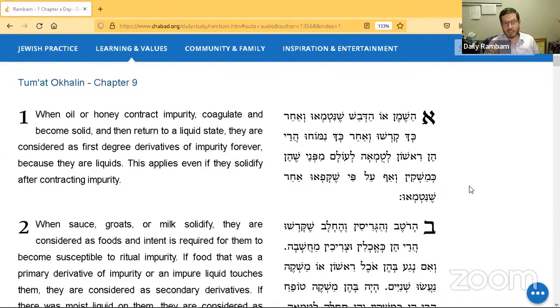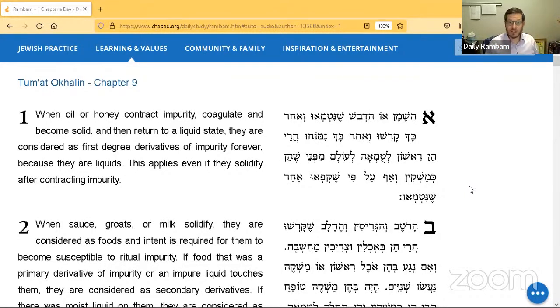Foodstuff can become progressively a lesser form of tumah. So it can be rishon, sheni, and then more sensitive foods like terumah can become shlishi, and more sensitive foods like kodashim can become revi'i. But liquid always has only one status of tumah. Foods can become progressively less intense tumah.